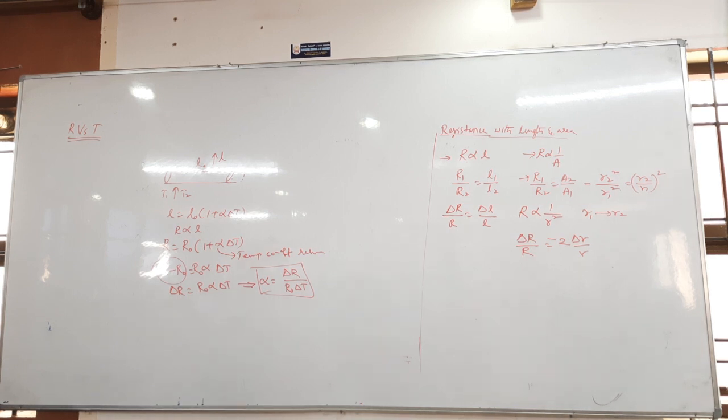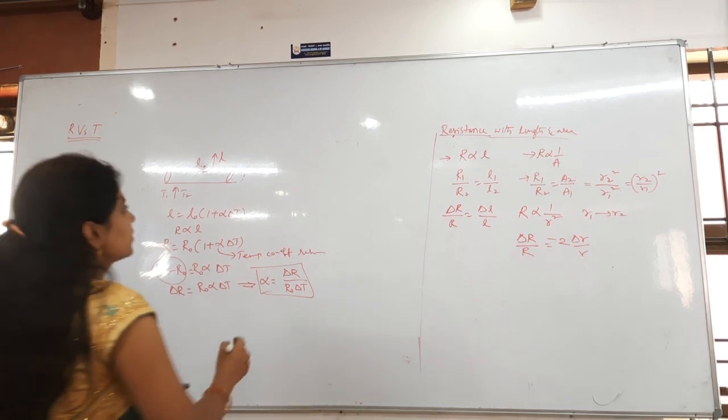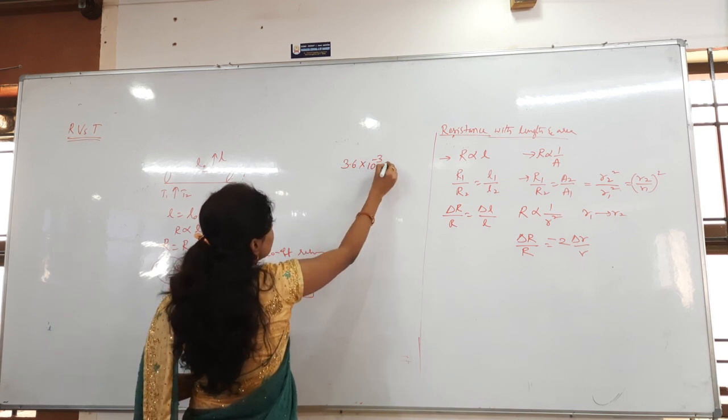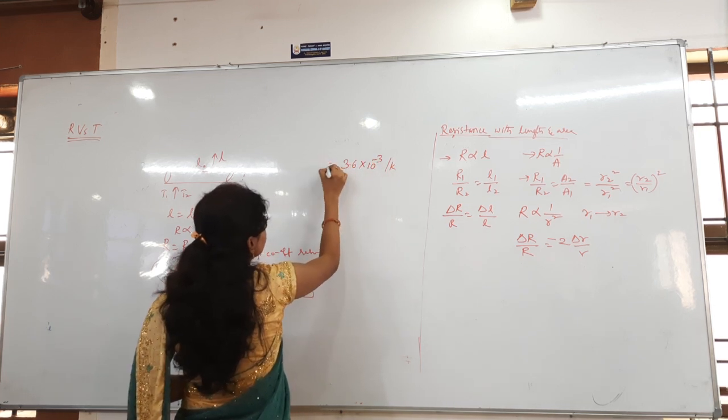The temperature coefficient of resistance of the material, alpha, is equal to 3.6 into 10 power minus 3 per Kelvin.